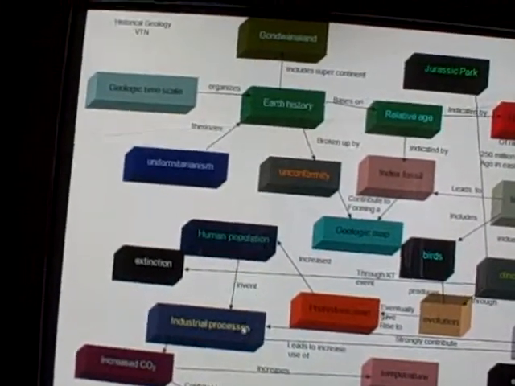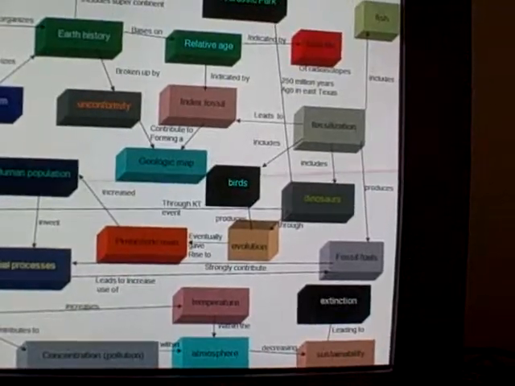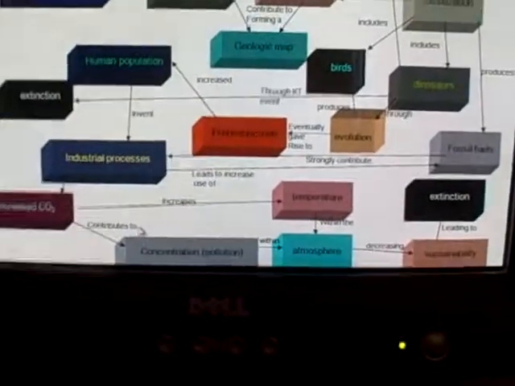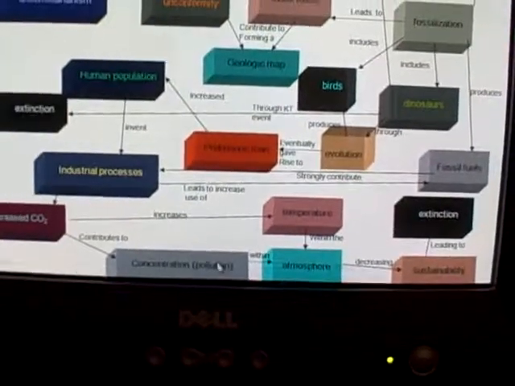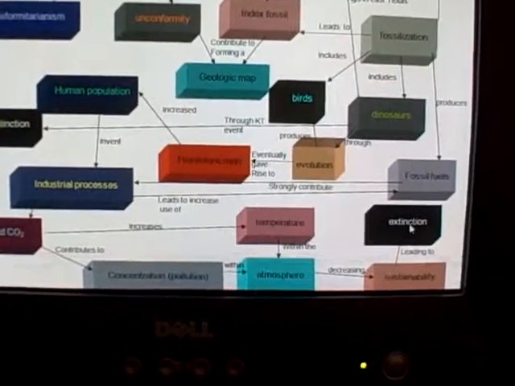And they invent industrial processes, which lead to increased CO2, which contributes to concentration of pollution within the atmosphere, decreasing sustainability, leading to extinction.